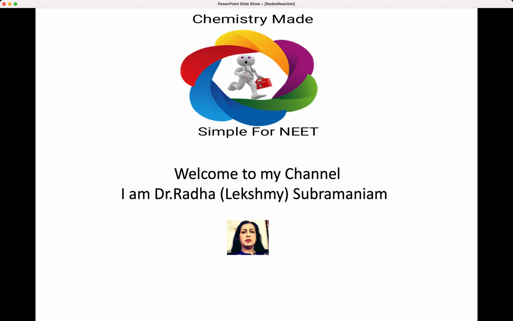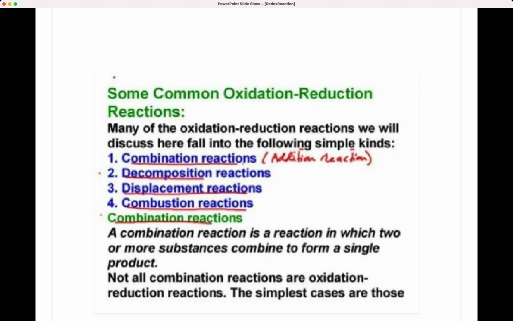So, we will move on to today's session, redox reaction, and I would like to just introduce the topic to all of you. You know, chemistry deals with variety of matter and change of one matter into another. And when this matter undergoes transformation from one kind into another, it occurs through various reactions.